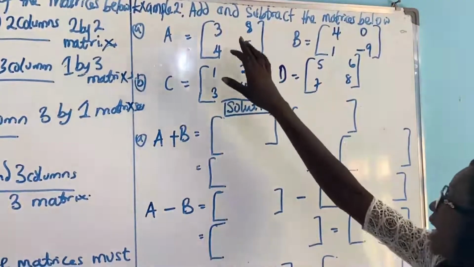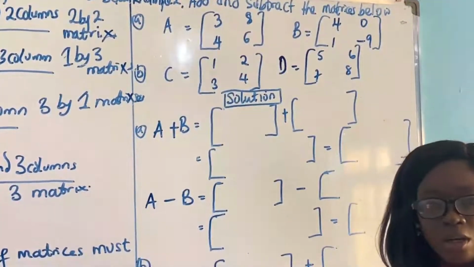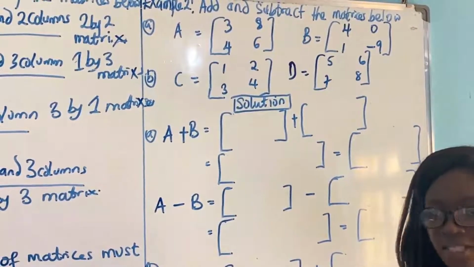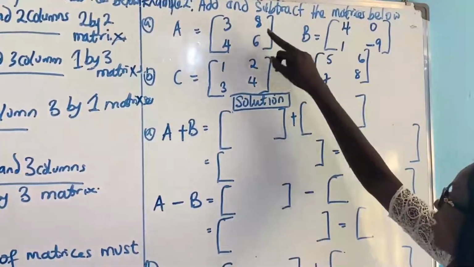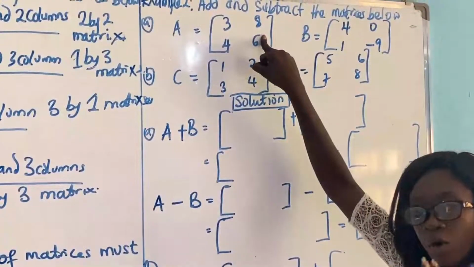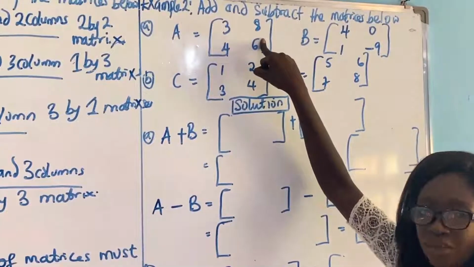Now, before you add any matrix, you have to look to see if the dimensions of those 2 matrices are the same. Now in matrix A, we have 2 by 2. For our specific objective today, we are going to limit our matrices to 2 by 2 matrices.